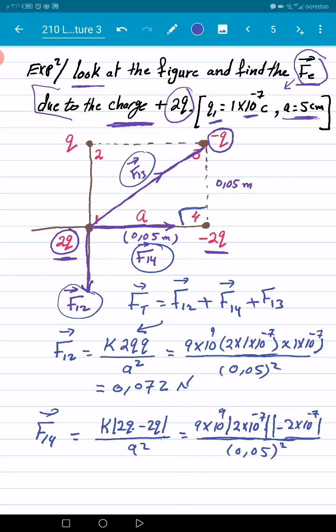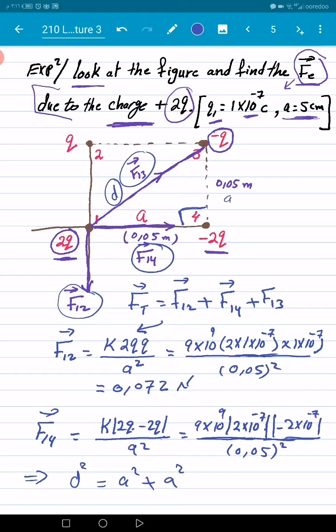So if I assume this is d, what is d from Pythagorean? d squared is equal to, this is a and this is a, so a squared plus a squared.